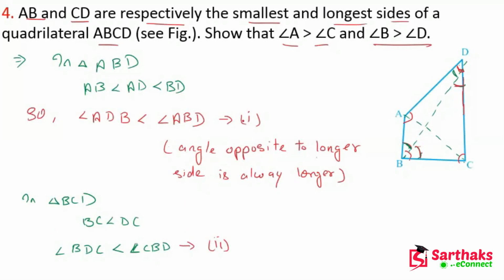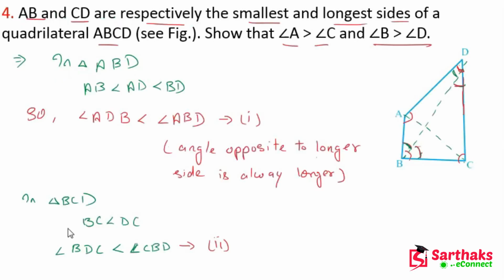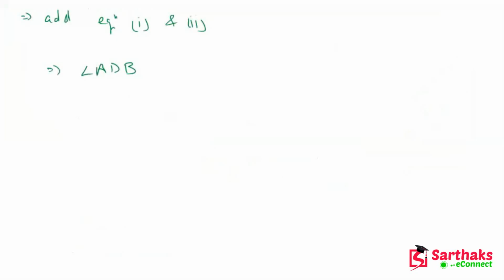Now add equation first and second. We get angle ADB plus angle BDC is less than angle ABD plus angle CBD.